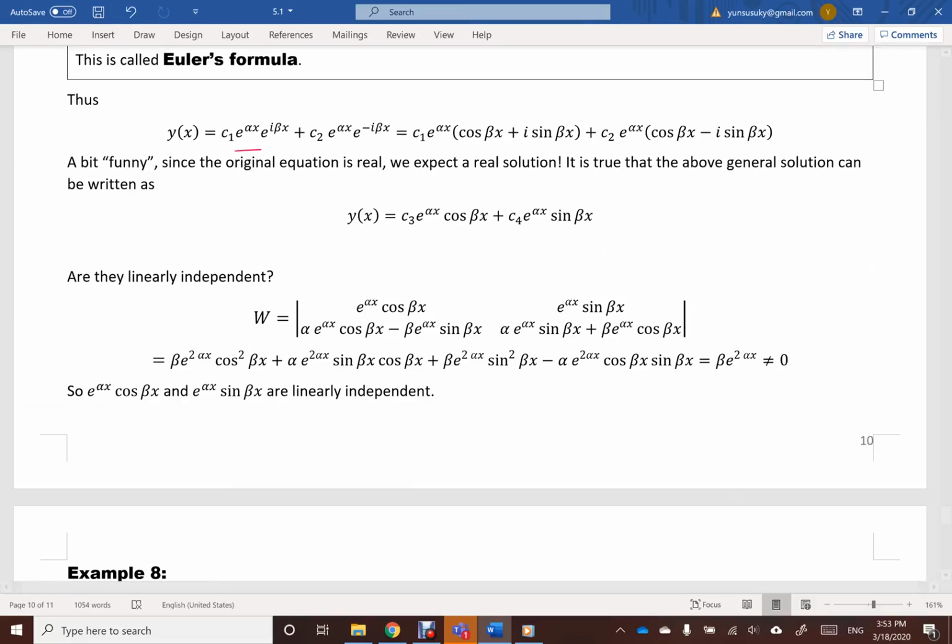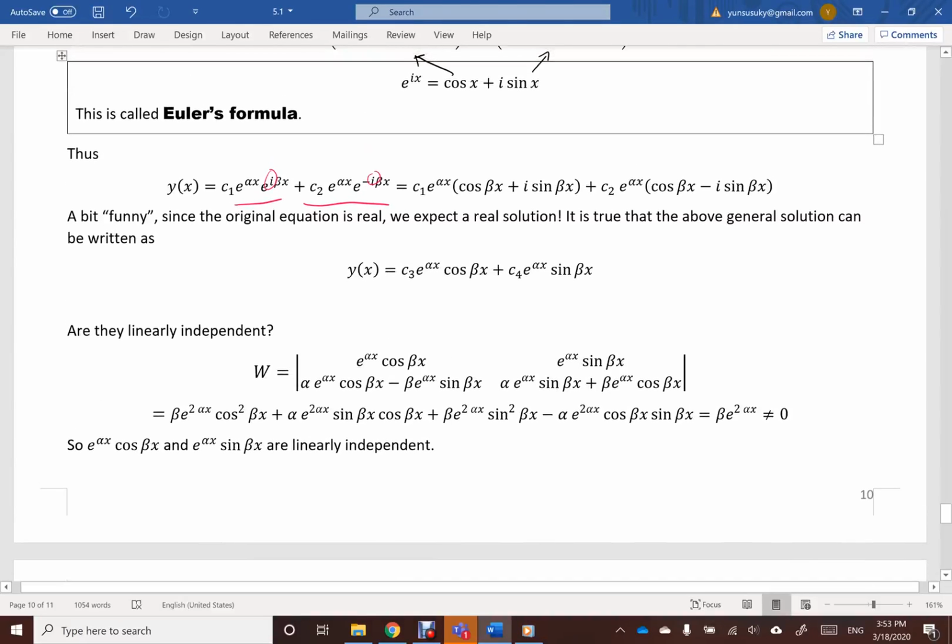Okay, so these are my solutions, but you can see in the exponent we have the complex number. That's not what we want, okay? But we replace e to the i beta x. Because e to the ix equals cosine x plus i sine x, when you have an extra beta, you just put the beta inside the cosine and the sine. So we replace it here.